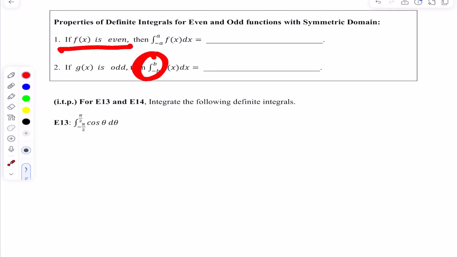If the function is even and you have a symmetric domain and you're trying to find a definite integral over the continuous function f of x, we know we could actually double the amount as long as you set your domain to go from 0 to a.